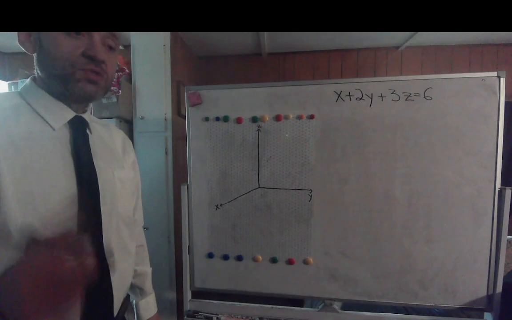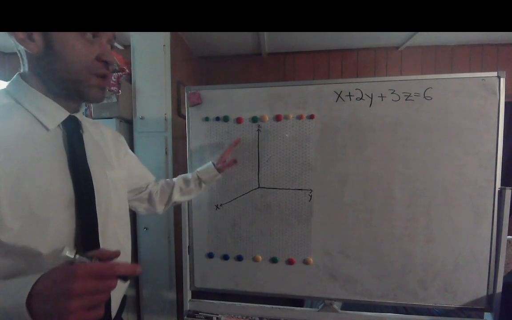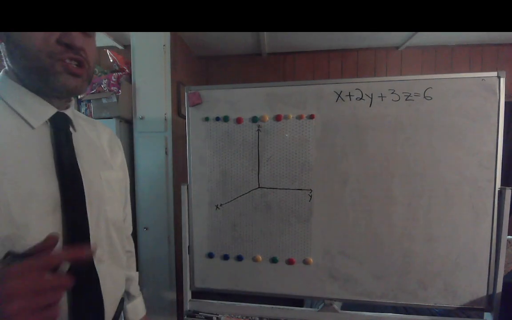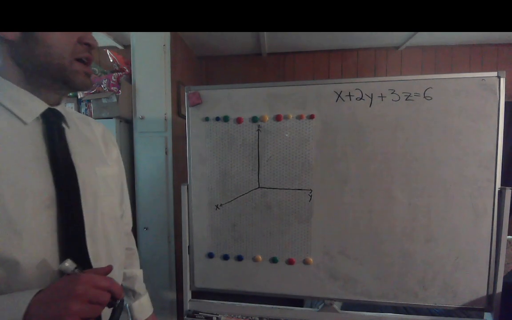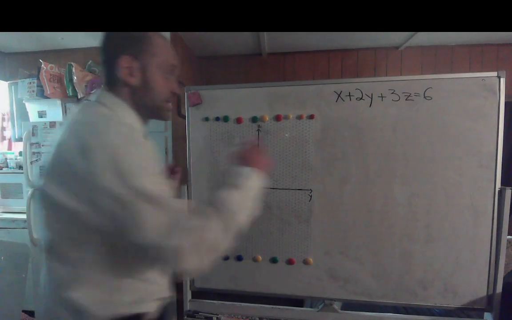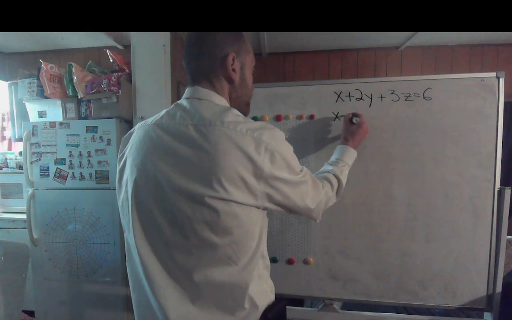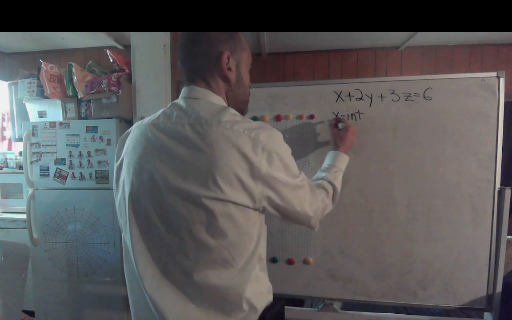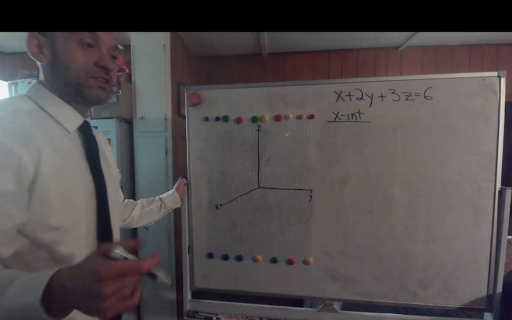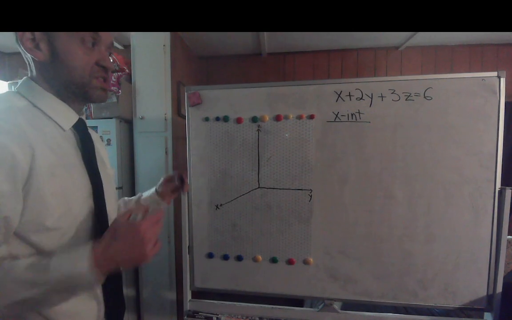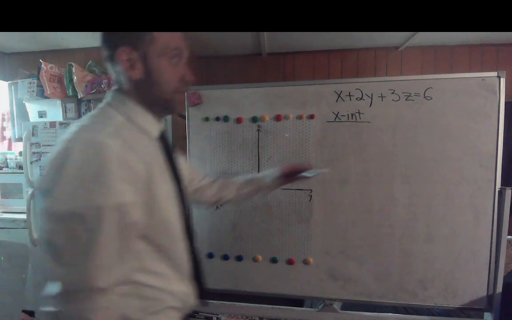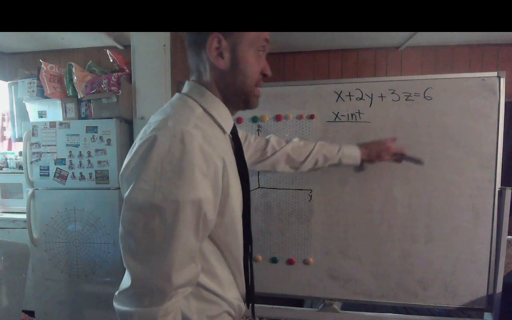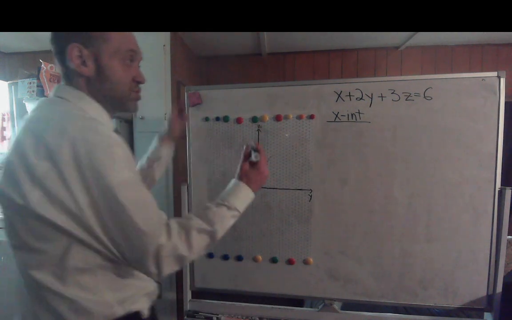The easiest way to plot your plane, to graph your plane, is to find your intercepts. So let's start with finding the x-intercept. Now, I know in 2D, to find the x-intercept, you would always set y equal to 0. In 3D, you're going to set both y and z equal to 0, and then you'll get your answer for x.